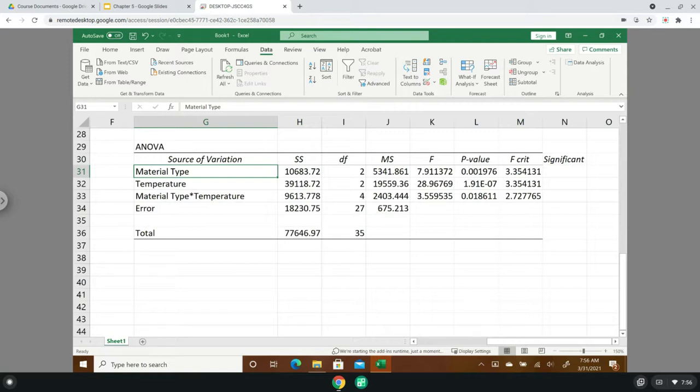And the alternative hypothesis is basically that at least there is one inequality. That means at least one material type is producing a different effect in the battery life. At least one. All of them can be different from each other, but we are saying at least one inequality.